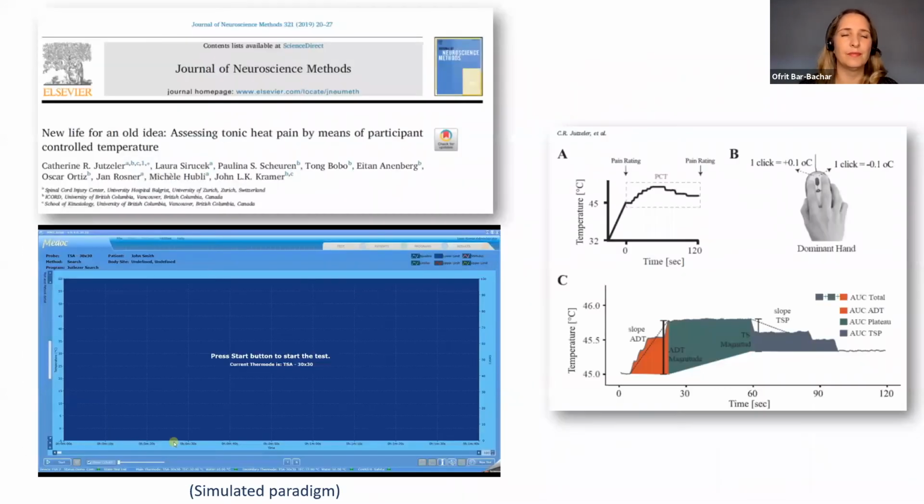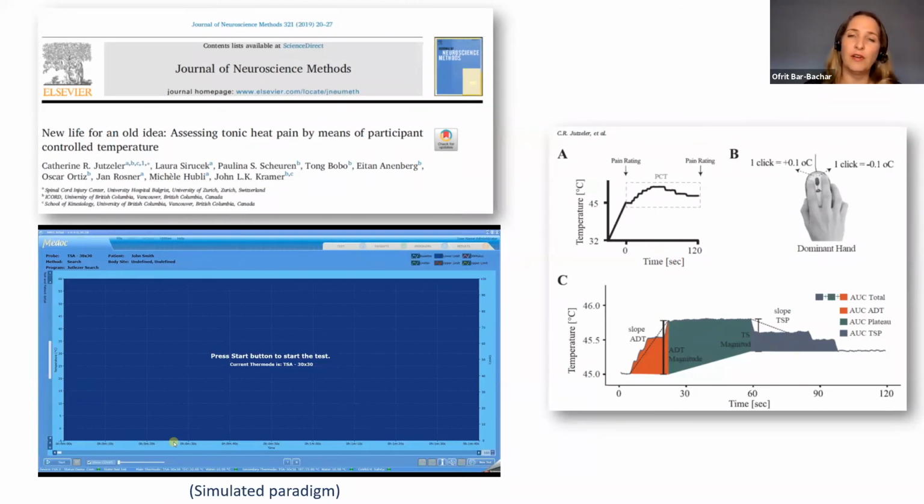A nice example of a tonic temporal summation is by the Balgrist University in Switzerland, where they used a tonic stimulus using the search protocol. And when you give the search protocol, actually the person who is in charge of the stimulus intensity is the patient themselves. They are holding the response unit, and they can click the left side, and then the temperature will go up by 0.1 degree.